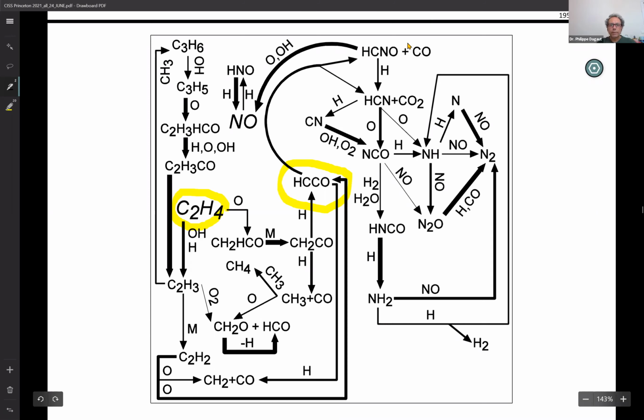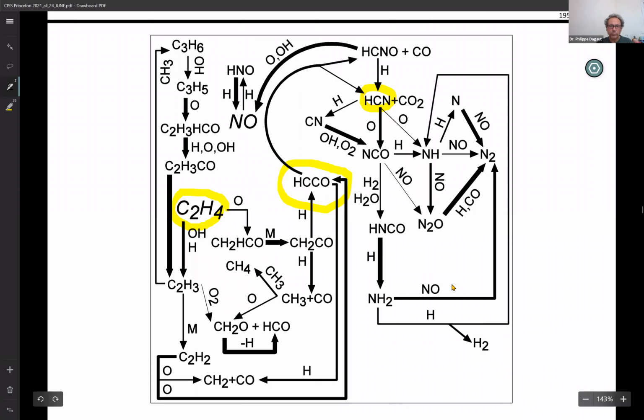Once you have HCNO, it can react with H atom and produce another key species, HCN, that we saw on the plots before. And HCN can react through different pathways, which produce CN, NCO, and NH. And NCO can produce HNCO, which itself can produce NH2.